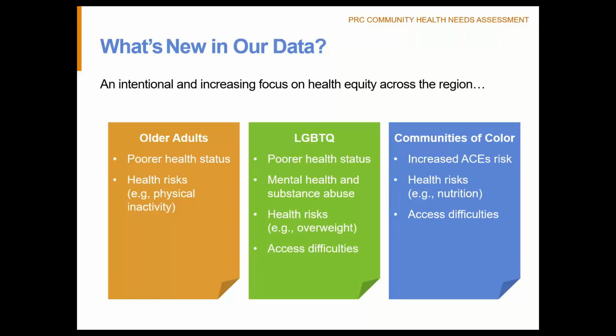So again, this is a regional approach, but looking at our older adults, we found that they were more likely to have poor health status and more likely to have health risks such as physical inactivity. For the LGBTQ population, disparities existed around poor health status, mental health and substance abuse, health risks specifically for overweight status, and they were also more likely to report access difficulties.